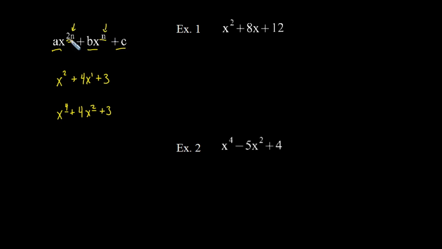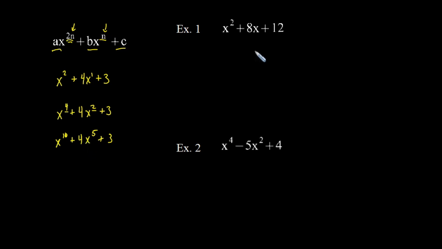The first exponent is 2 times n, where the middle exponent is just n. It wouldn't matter how large these get; we could have x to the 10th, 4x to the 5th, plus 3, and we could still factor this using quadratic form. Whatever form we normally use to factor quadratics, we could use for factoring any trinomial in quadratic form.